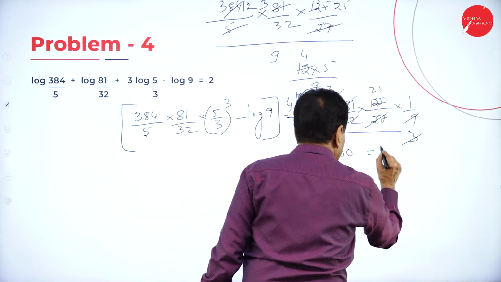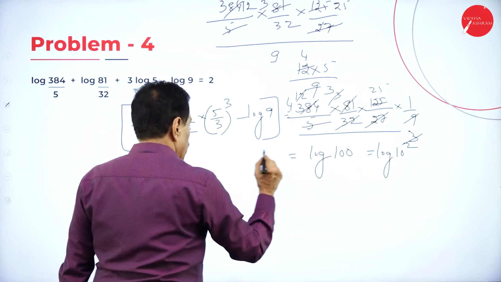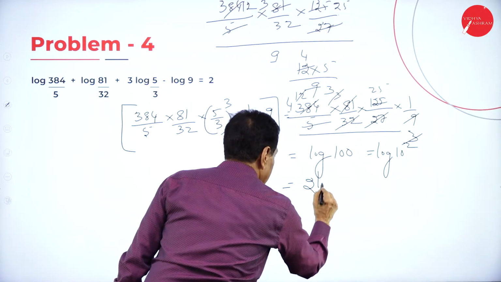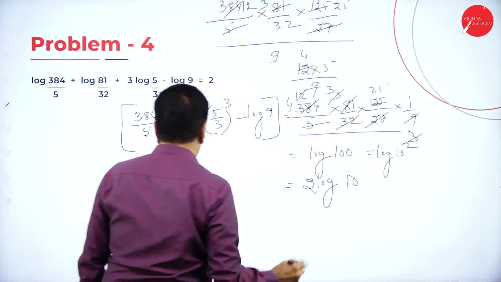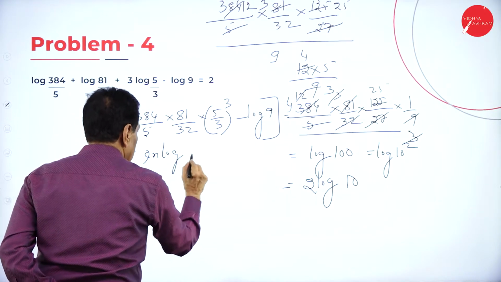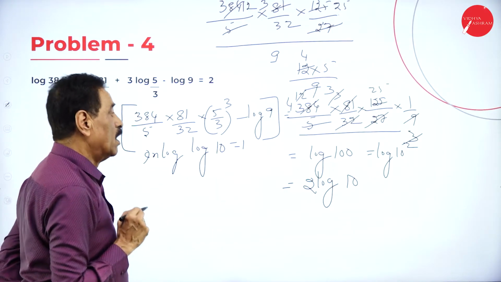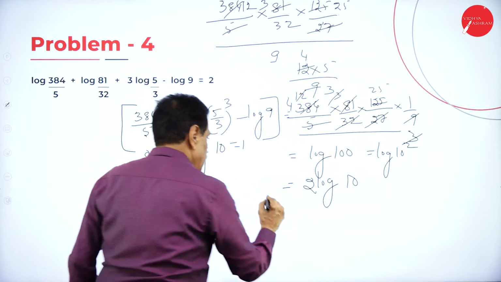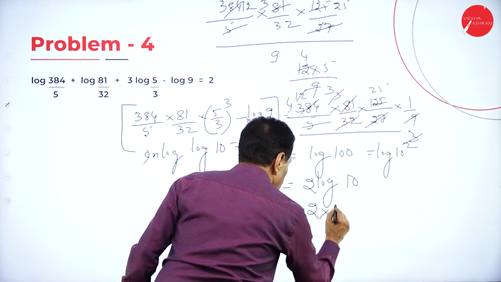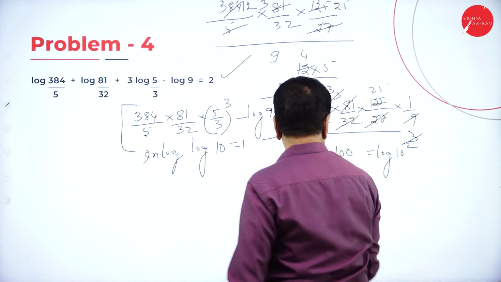This can be written as log 10 square. We can write 2 log 10. In logarithms, log 10 is equal to 1. This is 2 into log 10, 2 into 1 is 2. This is the answer. Proved.